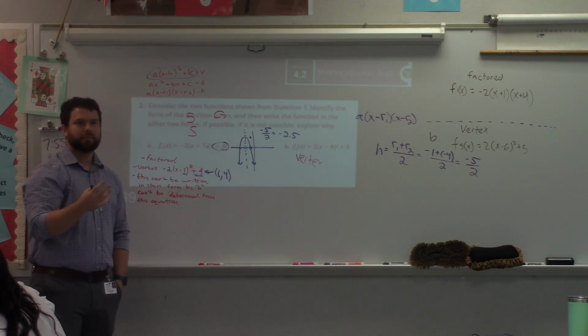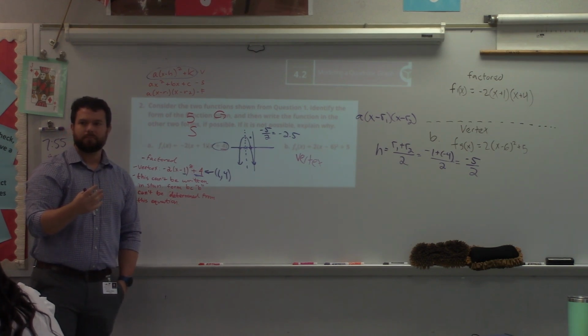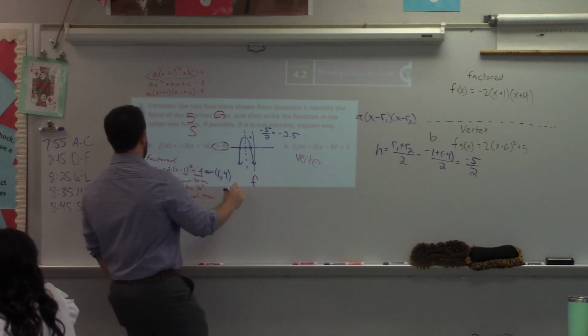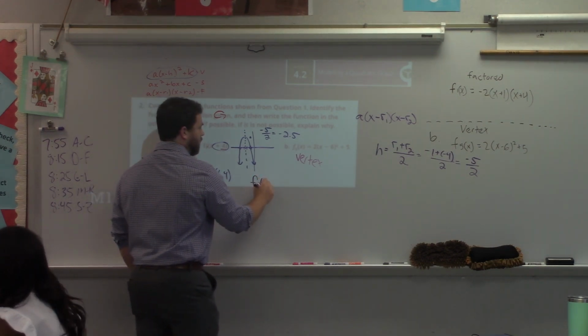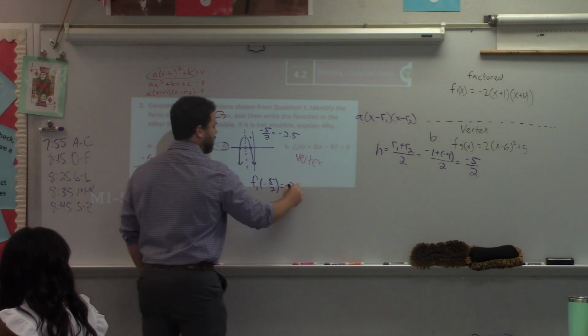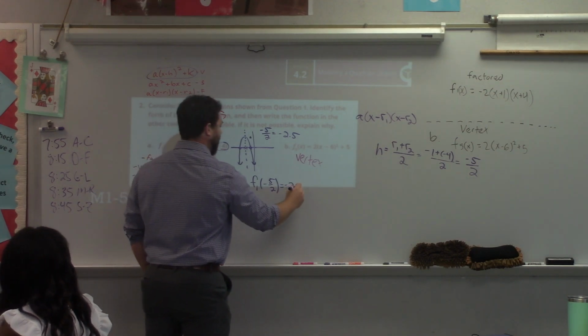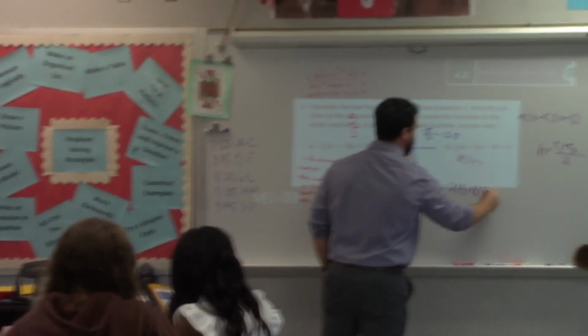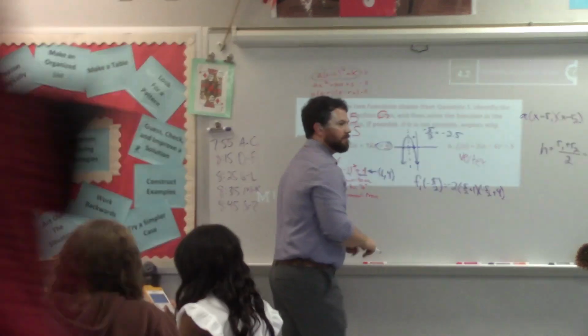I've got H. How am I going to find K? Substitute it in. By the way, keep in mind, you can literally type this in as is. So I would highly recommend everyone grab the calculator, type this in, and make sure you get the right value out. Okay?